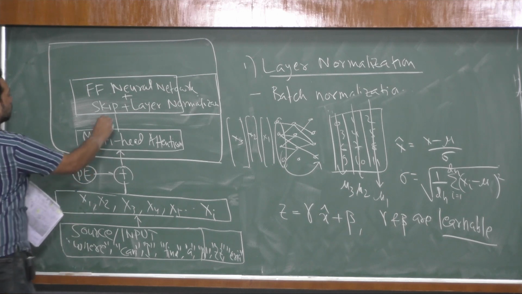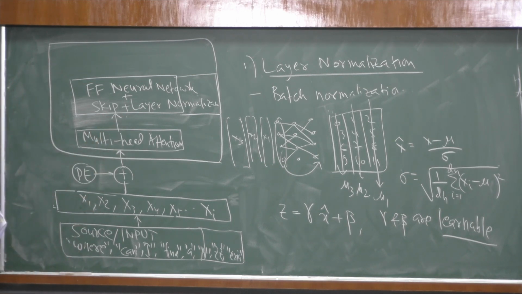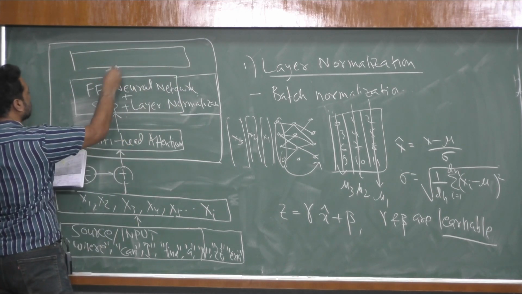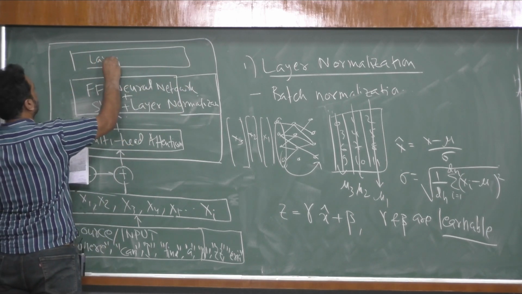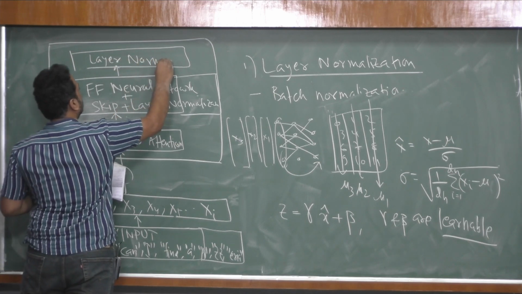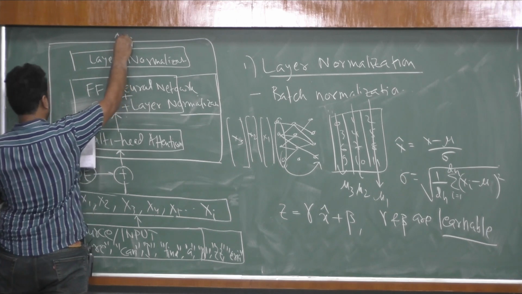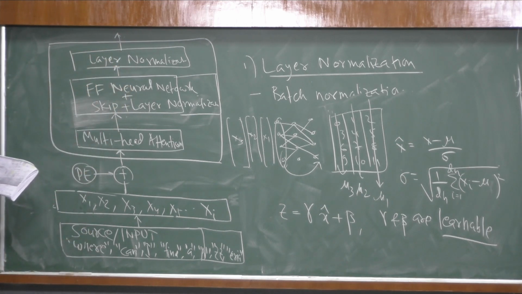So these are the modifications that we will do after we get the data from multi-head attention. We do pass through nonlinearity, but we have these skip connections plus layer normalizations added in the neural network itself, and we may do this also as a post-processing step. Again, we may do one more step of layer normalization and so on. Then we provide the data finally to this.